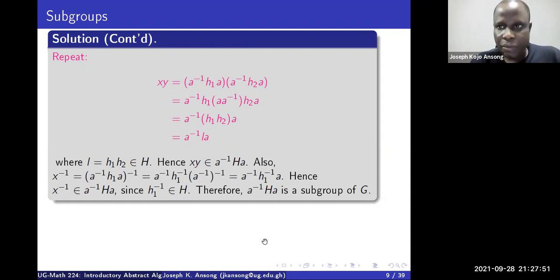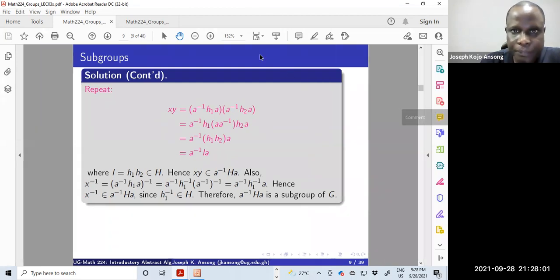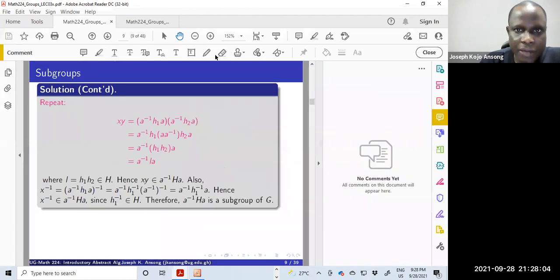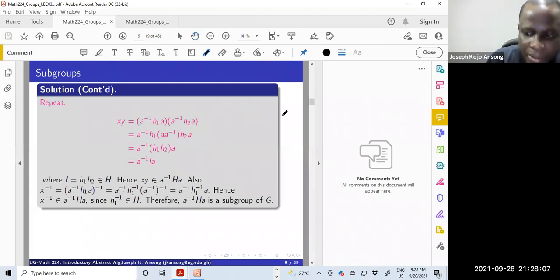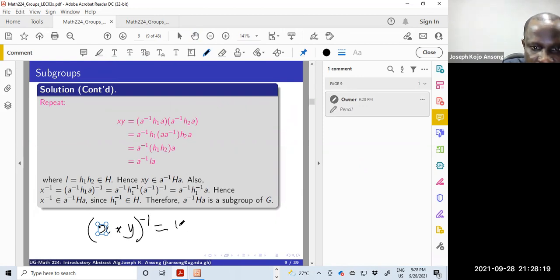Remember, let me go back and remind you of something we did before. We said that if I have X star Y inverse, this comes first: I'm going to have Y inverse star X inverse. Remember that. So it is the Y that comes before.